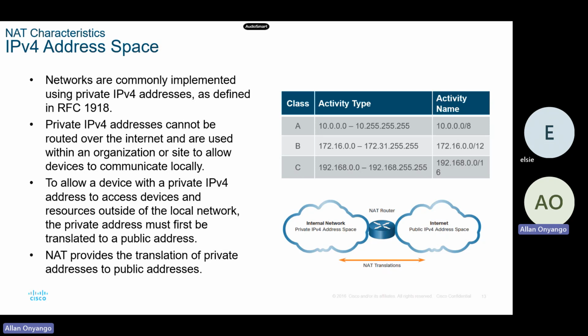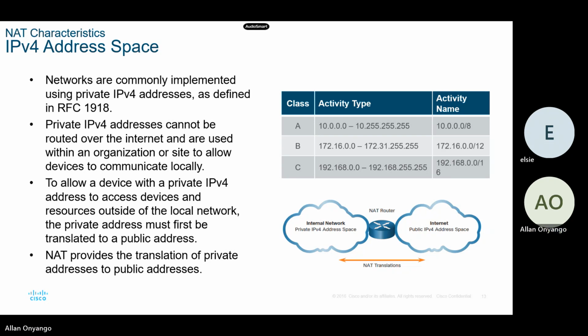But because private addresses cannot be used to route traffic over the internet, we translate those private addresses into just a single or a few public addresses, okay? So private addresses are normally used within a LAN or within the organization's network. And basically, to allow those devices with private addresses to access other devices outside of their network, their IP addresses must first be translated to a public address.